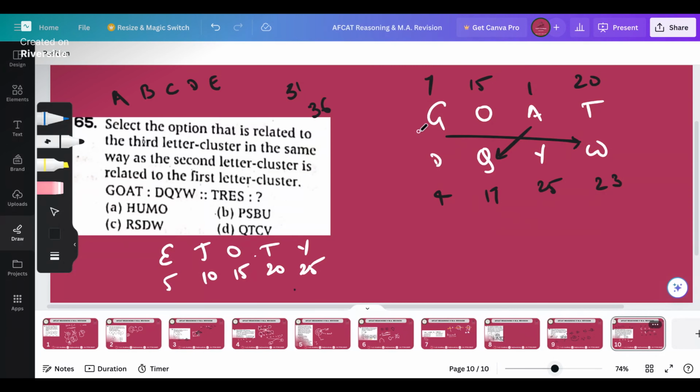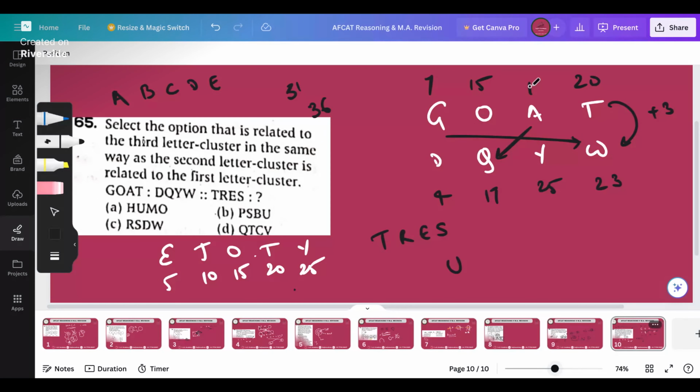So now let's try to understand it this way: T plus 3 is S, that means T, R, S, and STUVW. Just write it down, STU.